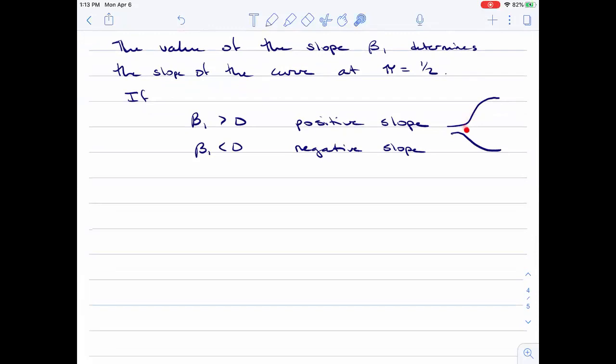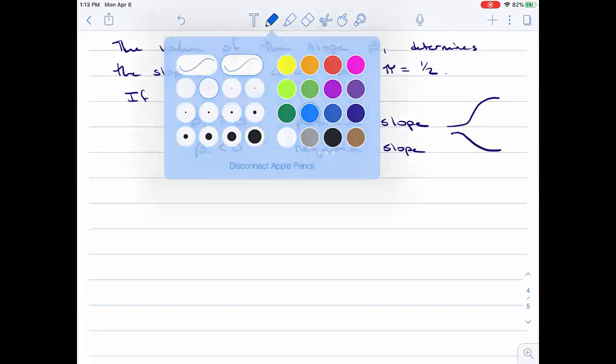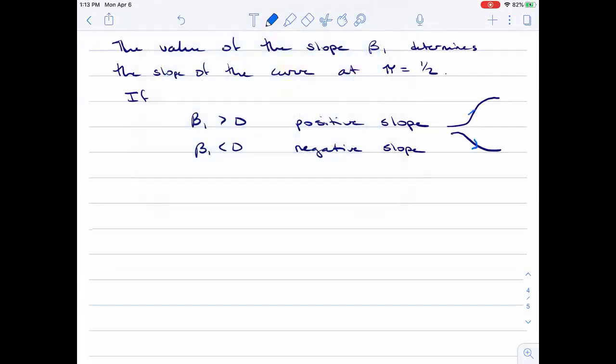These were not very good graphs, but I think you get the idea. Because here you've got this negative slope, and here you've got this positive slope. And remember, you're going from 0 to 1, so here must be 0.5. So that's what I'm using.